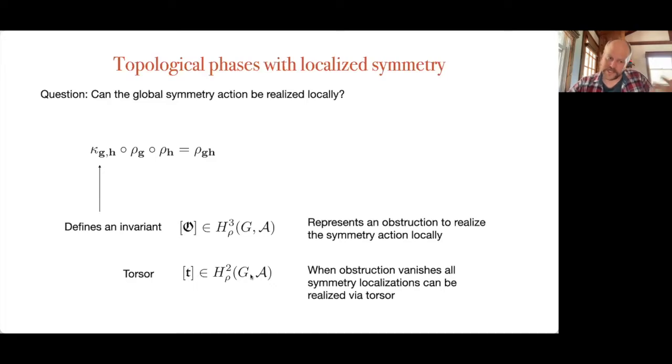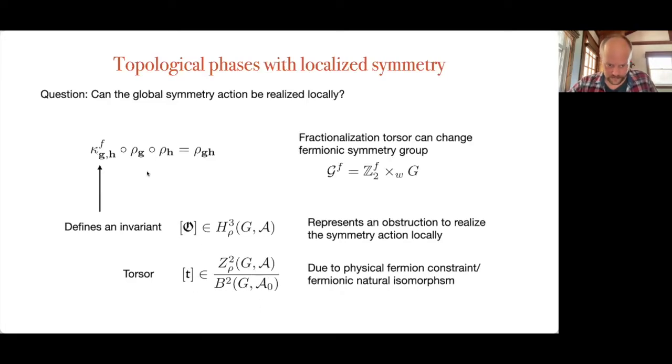All right, now what changes in the fermionic setting? Well, this is now a fermionic natural isomorphism. We can again view this as a bosonic theory and define the same invariant, but one finds that your torsor is valued in Z2 of GA modulo B2 of G A0, where A0 are the abelian quasi-particles.